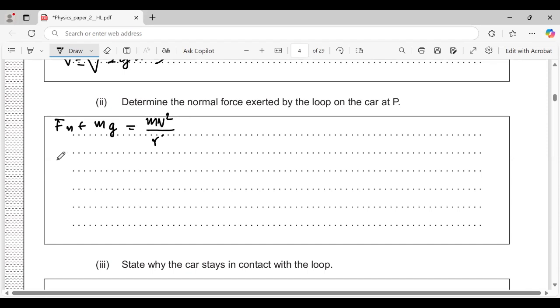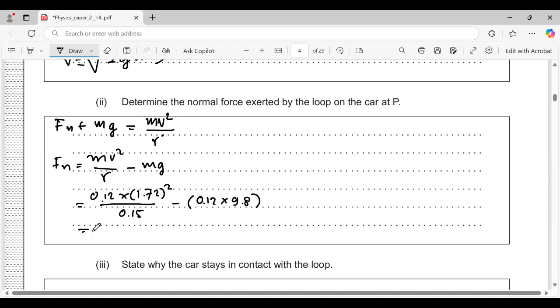So we can rearrange this formula: normal force equals m v squared over r minus mg. Then it is 0.12 times 1.72 squared divided by 0.15 minus 0.12 times 9.8. If you calculate this, the result is 1.2 newtons.